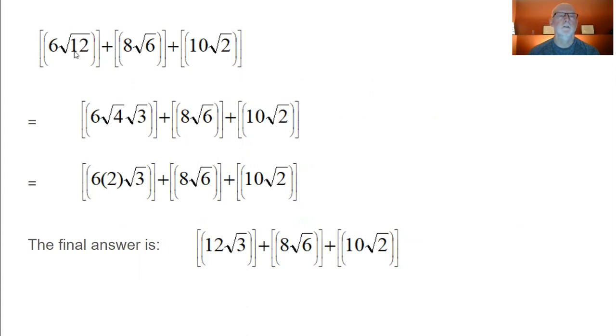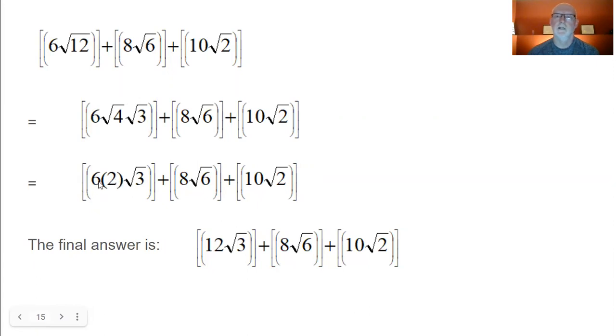12 has a perfect squared factor of 4. So using the multiplication property, square root of 12 can be rewritten as the square root of 4 times the square root of 3. And this is important because the square root of 4 has an integer equivalent. Square root of 4 is 2. We would then take the 2 and multiply by any other coefficient.